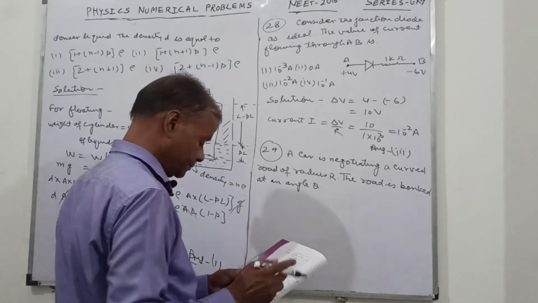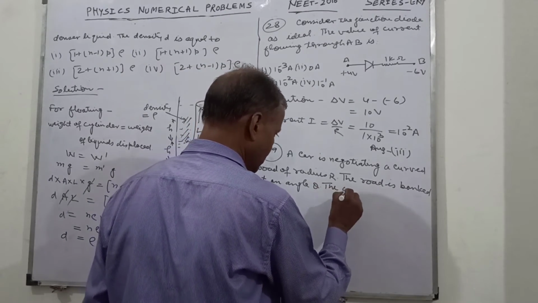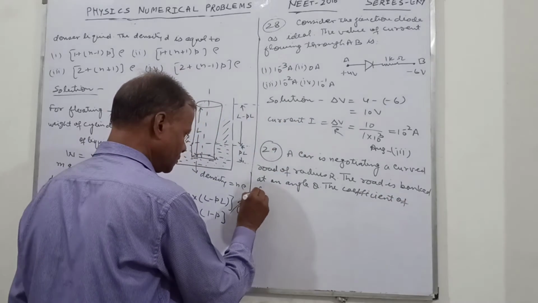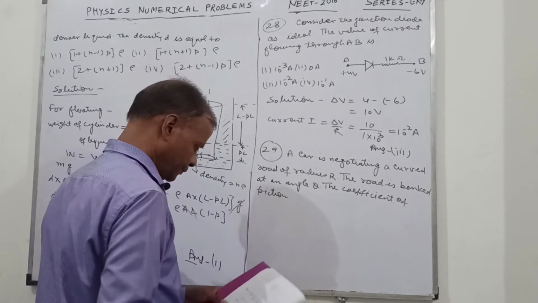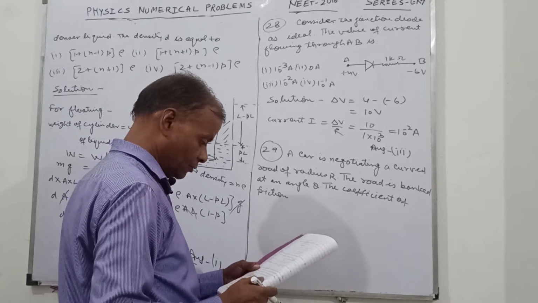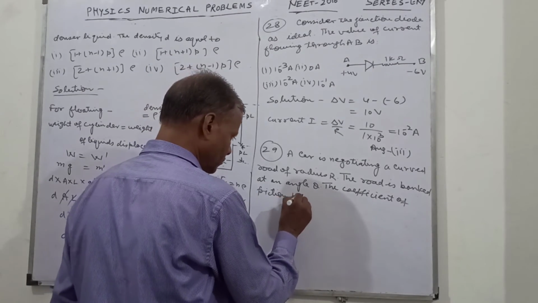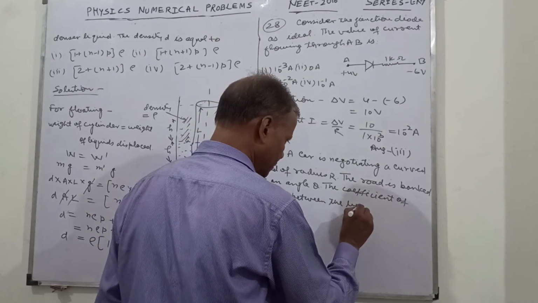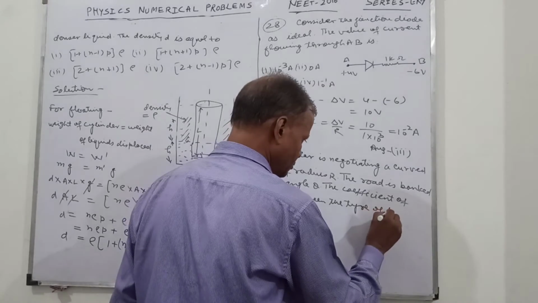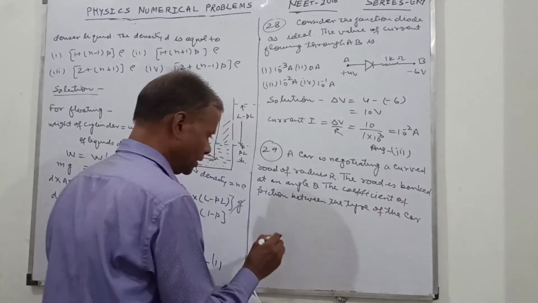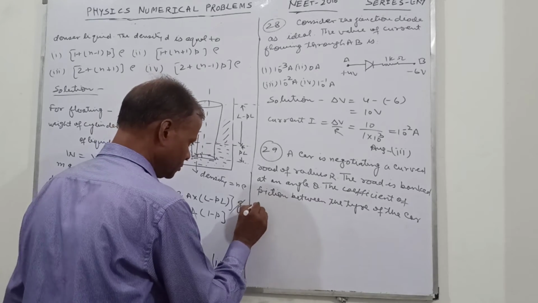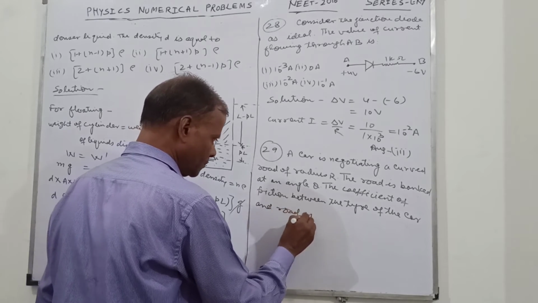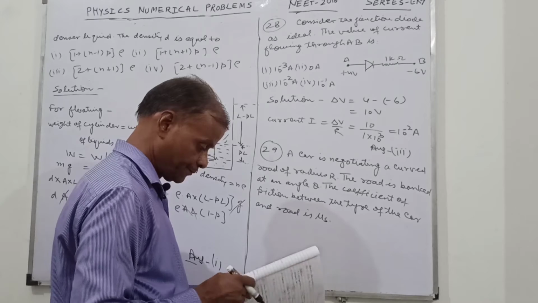The coefficient of friction between the tire of the car and road is mu s.